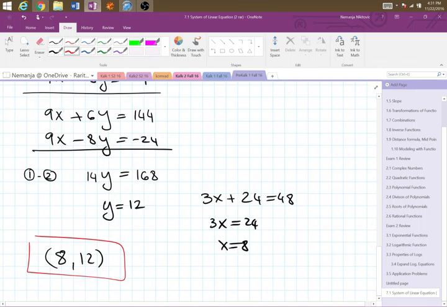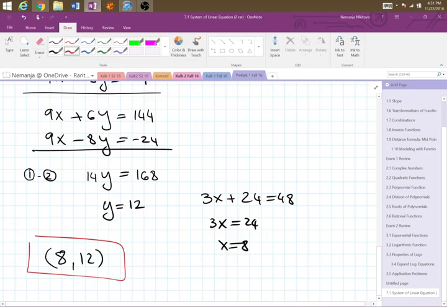Once that happens, you know there is no solution. And then the third possibility is when you get a correct statement, like 3 is equal to 3 or -5 is -5. In that case, infinitely many solutions, which means you can find the relationship. Well, there's more to it later on in linear algebra.